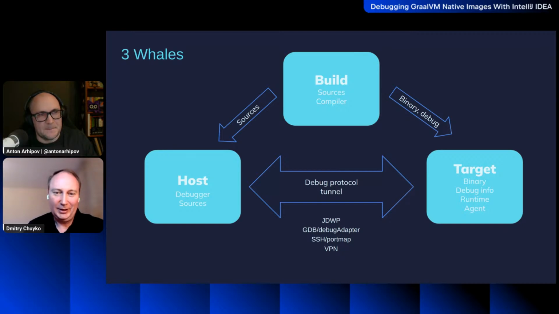If it's remote, it can be a GDB server. And why I mention GDB specifically is because we got to a point where we need Linux containers to run and debug our native image. Probably it will be deployed as a Linux binary, either for x86 or ARM64.